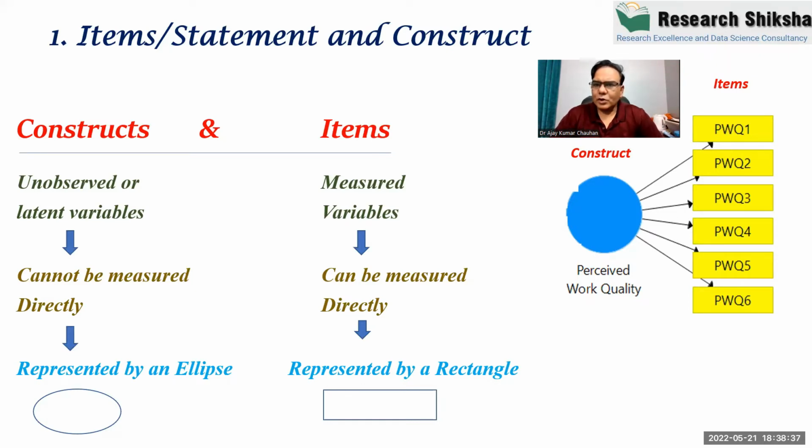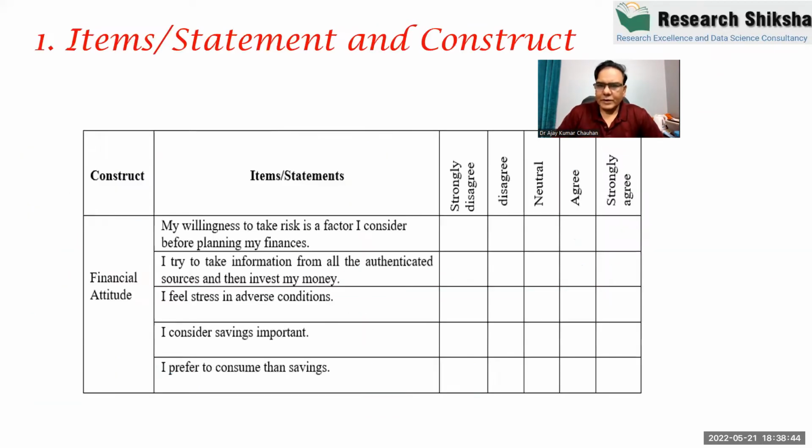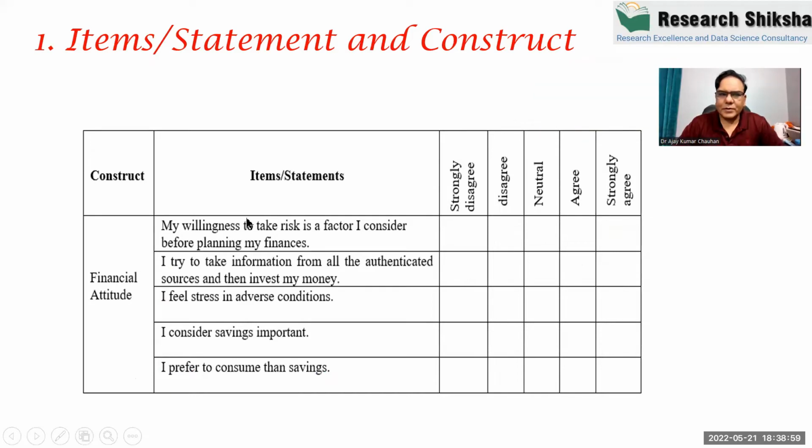I'm giving you the example of the teacher's feedback because every one of you has filled that. If I show you this page, the financial attitude is a very broad concept, and financial attitude cannot be measured by one statement. So how many statements are we using to measure the financial attitude? 5.